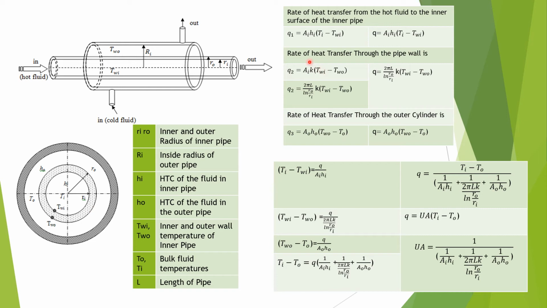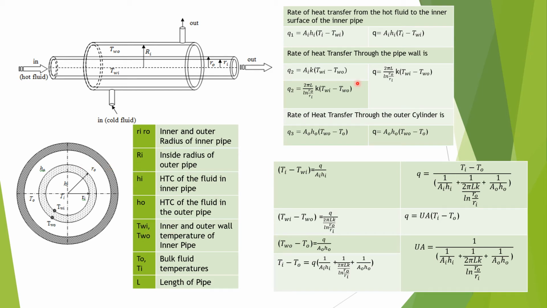So we have used Fourier's law over here and used the notations as mentioned here, and the heat transfer from the surface of the wall to the fluid in the outer surface, that is cold fluid, takes place by convection. So we have used over here Newton's law of cooling, and we have used the notations over here.